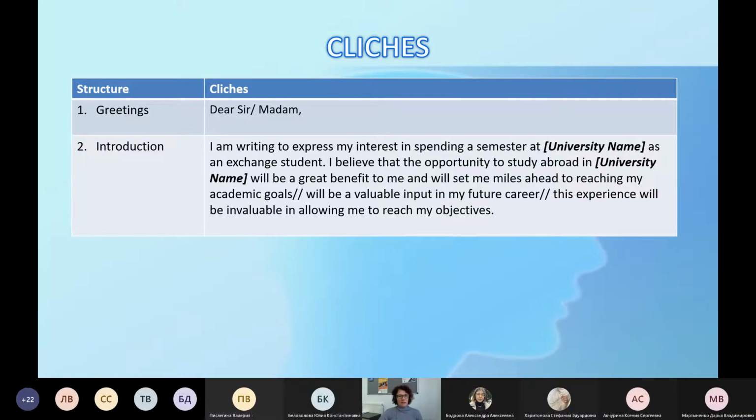So in this case, you're writing it kind of to us, but it is addressed to the university of your choice. So do not name us here, it's still "Dear sir or madam." And if you have 3 universities, then you have to write 3 different letters to the 3 universities.